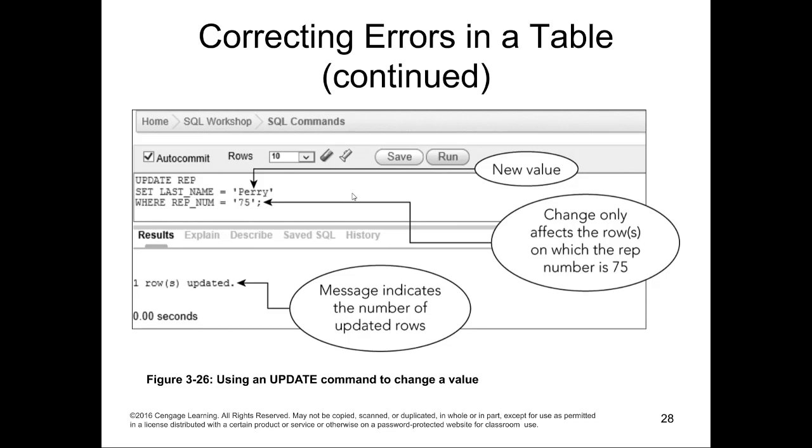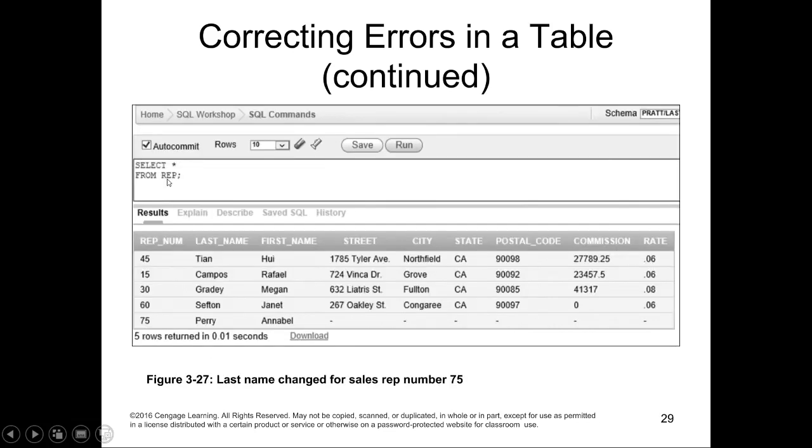Now, because we know the rep number is a primary key, that means there can only be one 75, and we can see down here when we run this command, we got one row updated. If we select star from rep again, just to check our information, there we go. Row 75 has been changed to Perry.